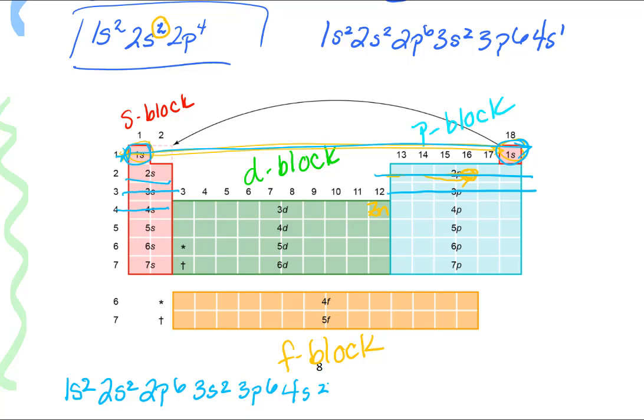It's a 3d. So before, when we looked at energy level diagrams, I told you that we would end up coming up with a way where you don't have to memorize that energy level diagram.